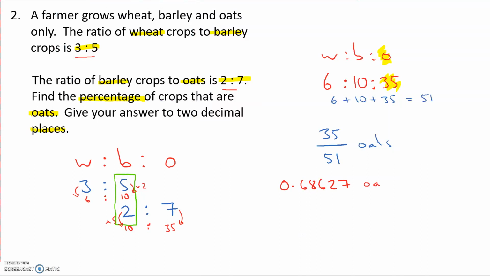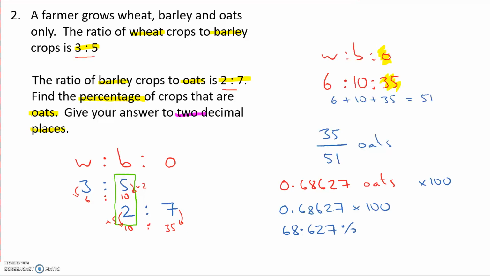So we've got 0.68627 oats. How are we going to turn that into a percentage? Well, you need to know how to turn a decimal into a percentage. What do we do? We multiply it by 100. So 0.68627 times 100 is going to give me 68.627%.